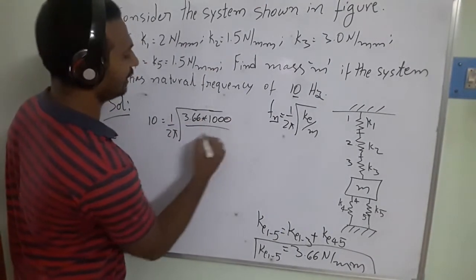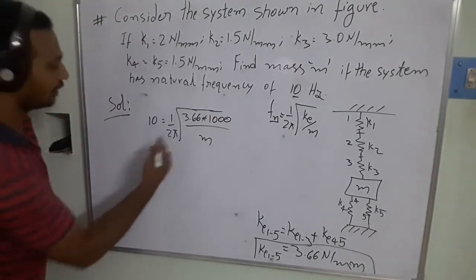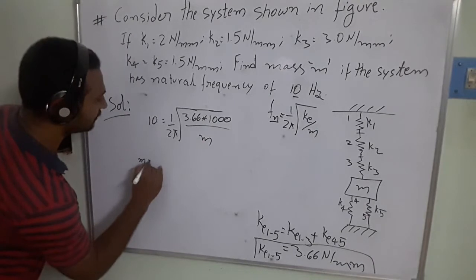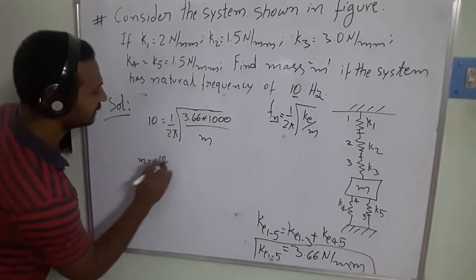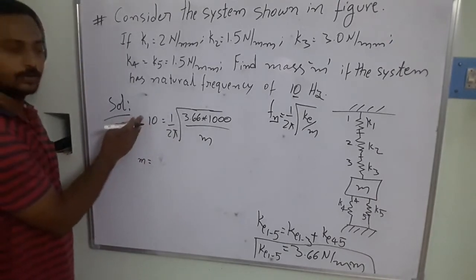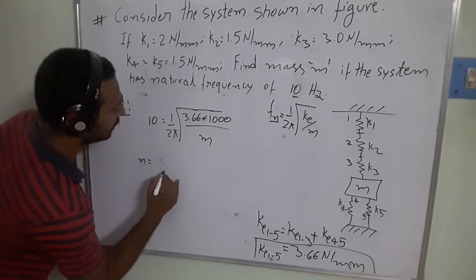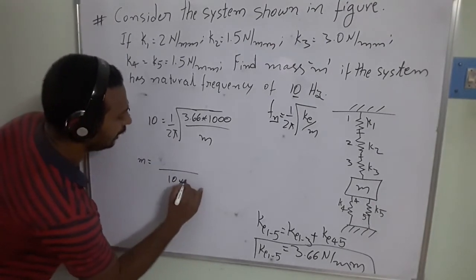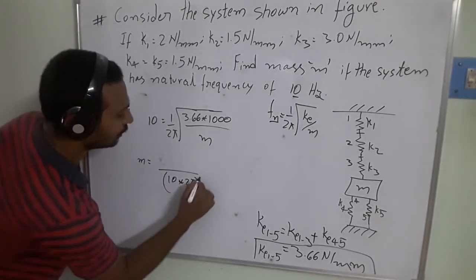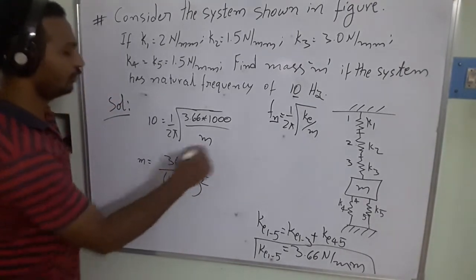Finally we need to calculate the mass of the system. Taking the 2 pi to the left side, we get 10 into 2 pi whole square equals 3660 Newton per meter divided by m.